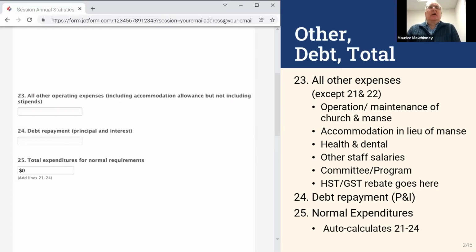I know in some congregations, they take the, I'm going to assume it's a 13% amount of HST that's payable. So if you buy goods for $100, you actually pay out $113. I know that in some congregations that are following the cash basis, that they expense the full $113.